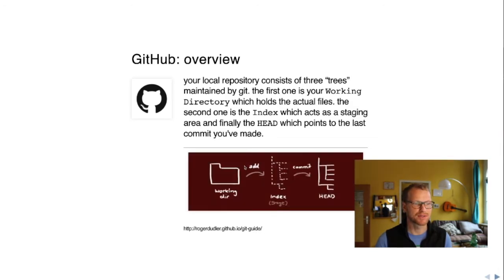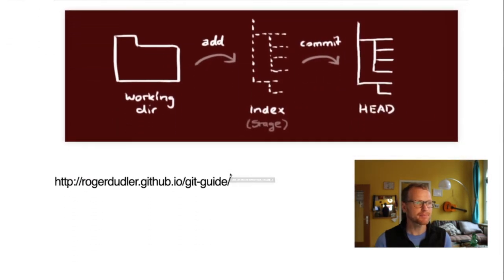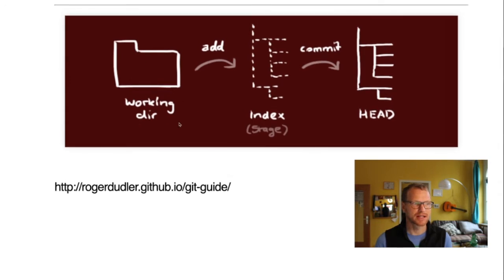I'll walk you through those different trees, but here's how they work. You've got your working directory, you've got your index, and you've got your head. In the working directory, locally, you have a file where you're keeping things stored. As you make changes, you can add them to the index, that is, all the changes are kept locally.